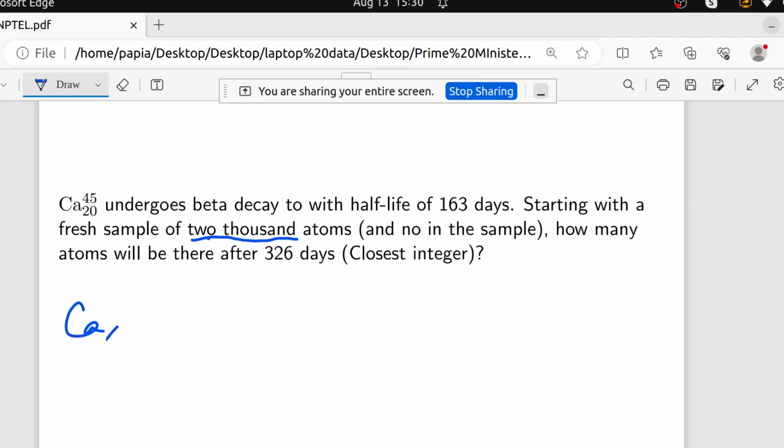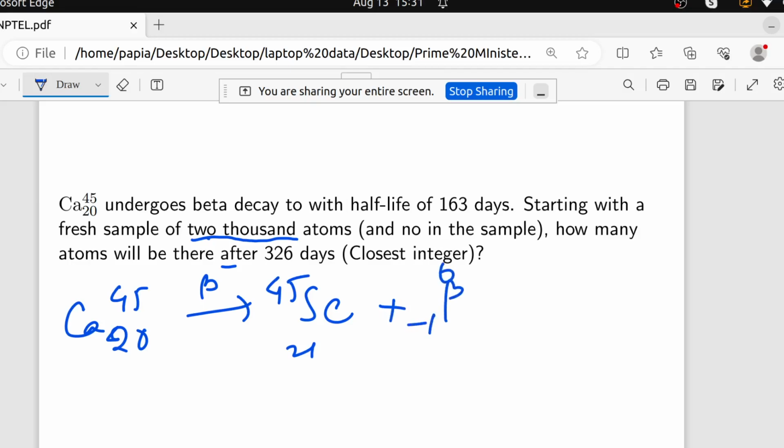Here they are asking about calcium-45, beta minus, then scandium. It is not given what the product particle will be after beta decay, but we obviously know that if 20 is there, after beta decay it will be 21, and 21 is scandium, so it's fine. There is no need of this in that question.